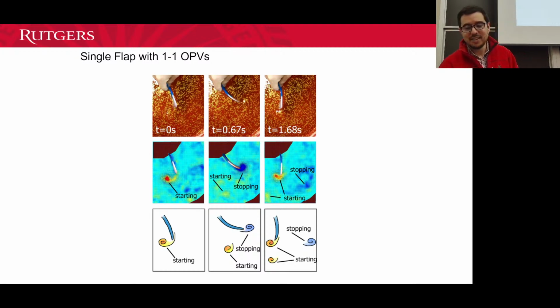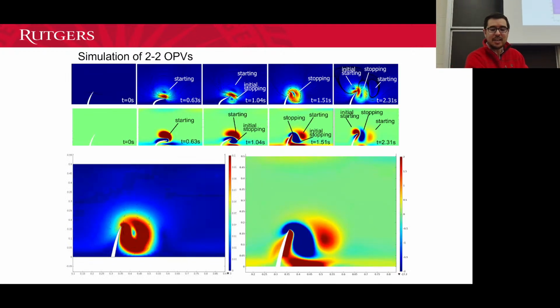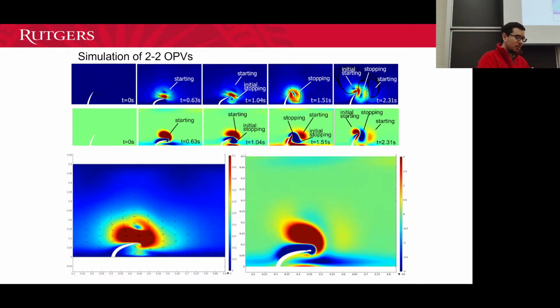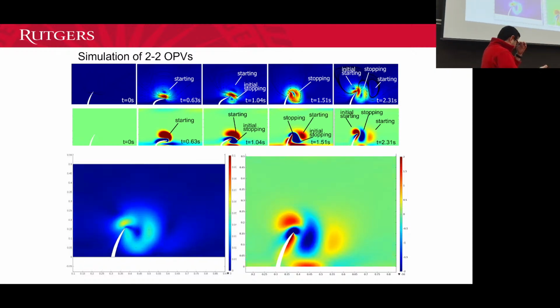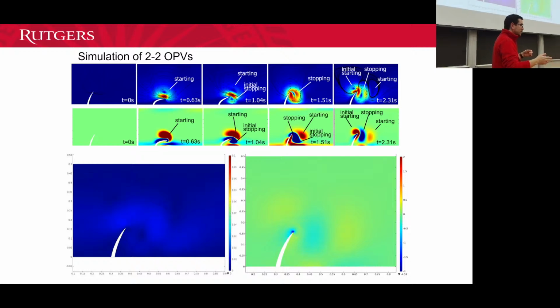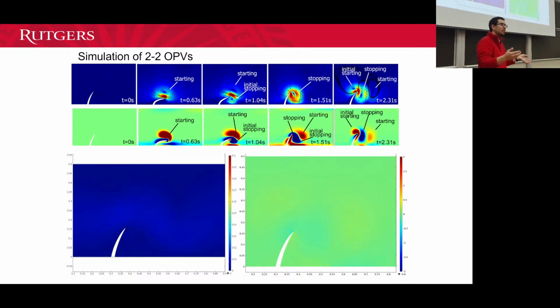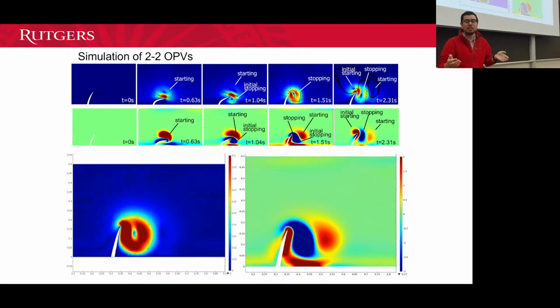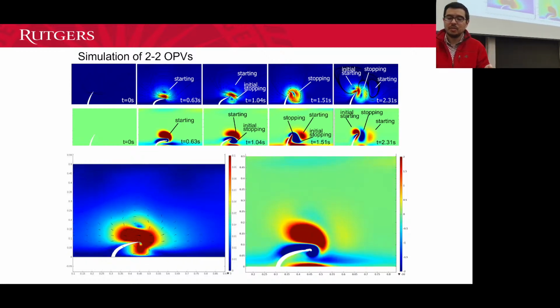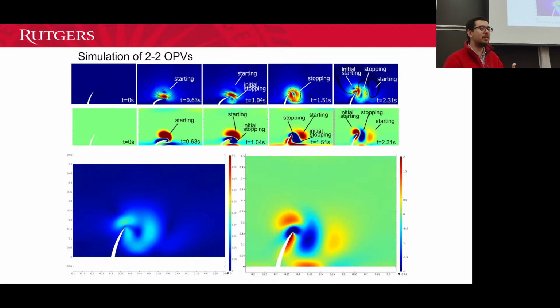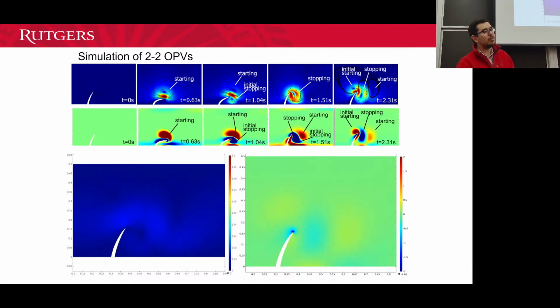And then he started to realize that you could flip-flop. We had what we called 1-1 OPVs, so it would be one starting vortex and one stopping vortex. But if you used a different gait, we could get what are called 2-2 OPVs. We could see 2 starting vortices and 2 stopping vortices.